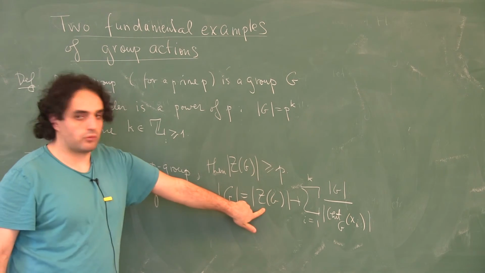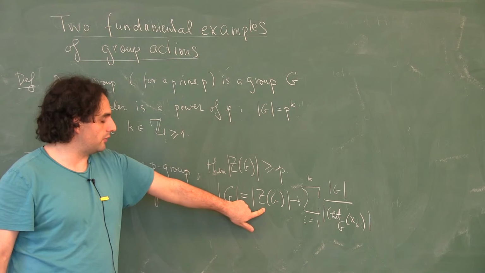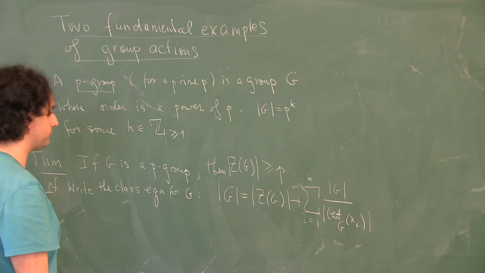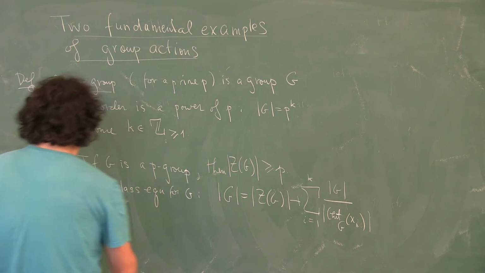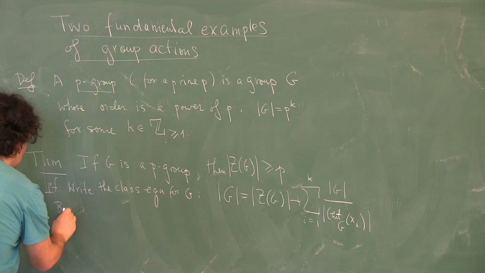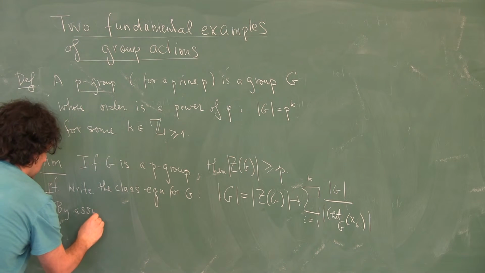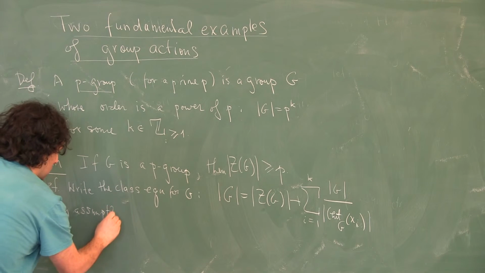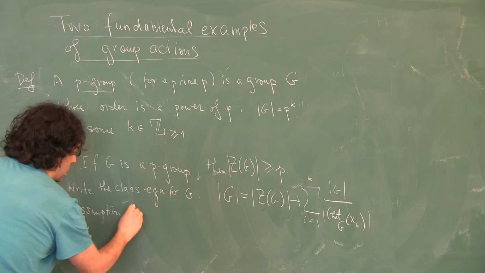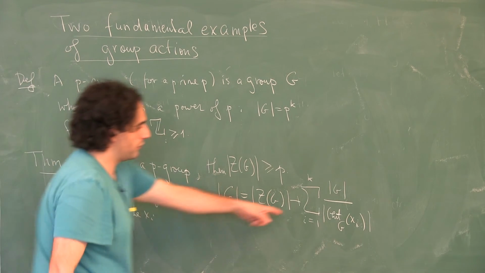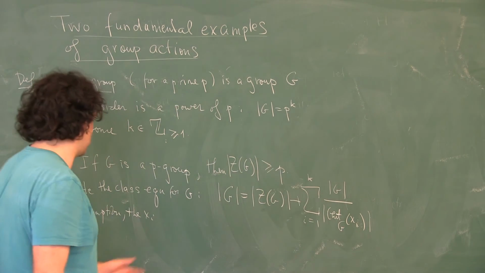So here we have the quantity that we want to understand, the order of the center of G. Now, by assumption, the xi, these representatives over here, they're not in the center.